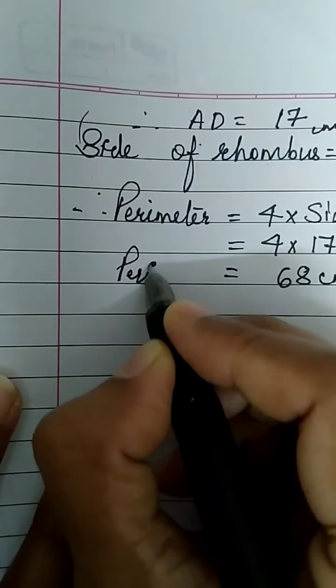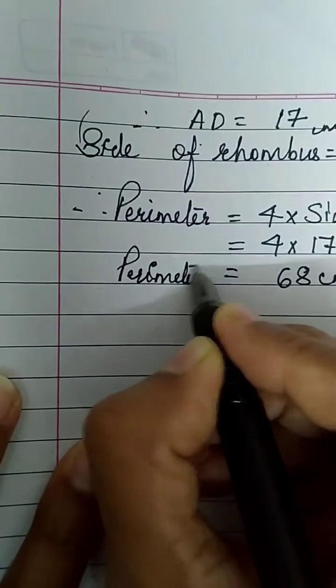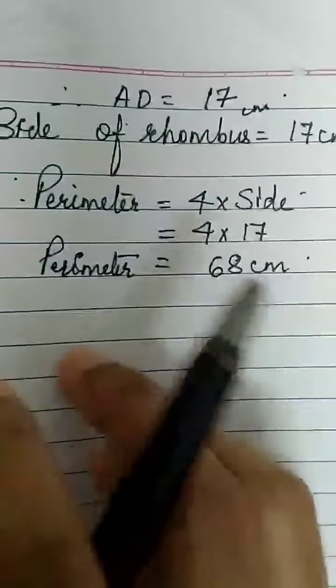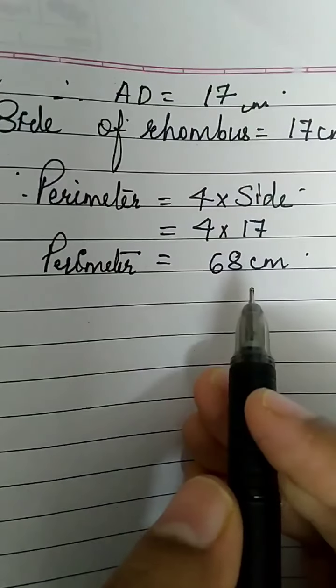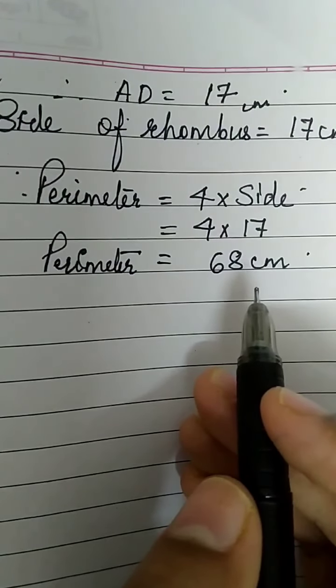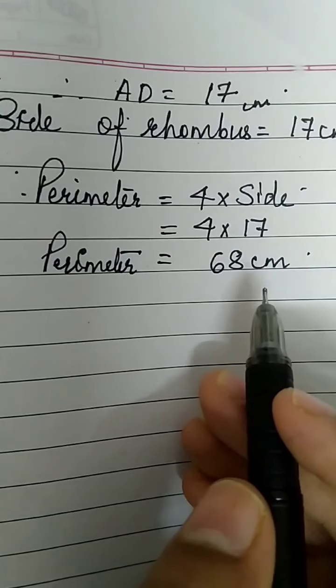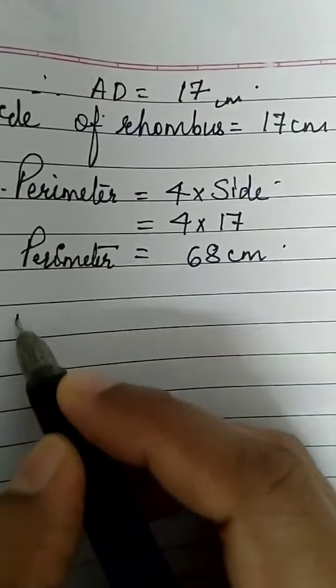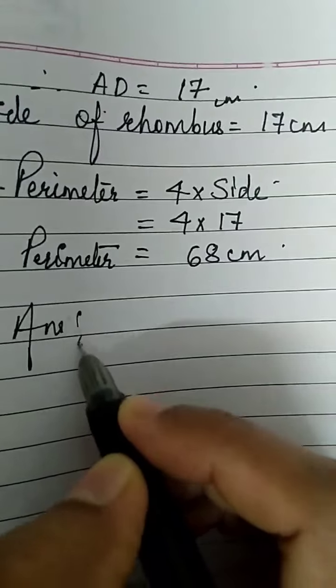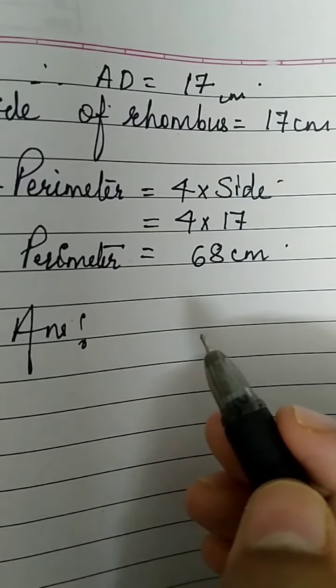Don't write square centimeter, perimeter is just addition of all sides. So 4 into 17 you got 68 centimeter, and that is the question. Find the perimeter. Okay, write down the final answer: perimeter of the rhombus is 68 centimeter.